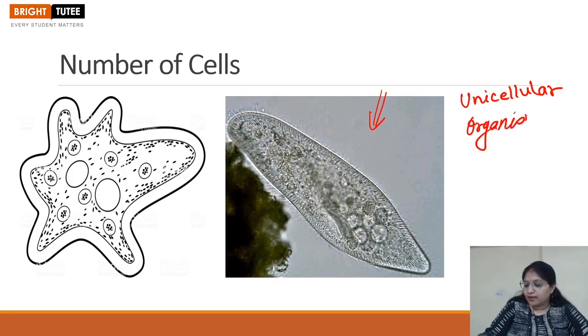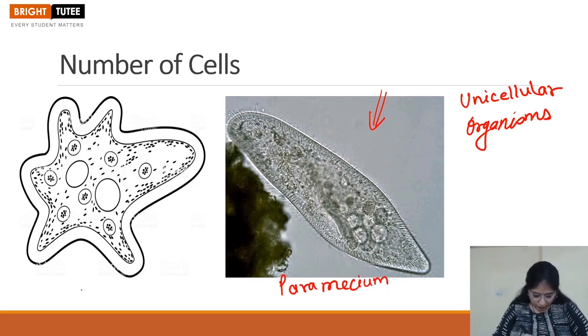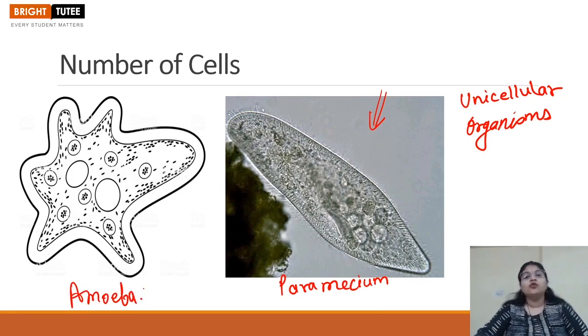If we look at the examples here, we have a paramecium, and this here is an amoeba. Both of these are unicellular organisms and they perform all the functions from nutrition to reproduction. That means they are taking in nutrition, excreting, reproducing, respiring, and also moving from one place to the other.